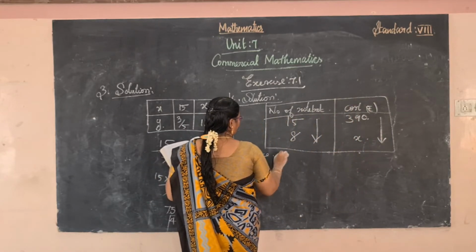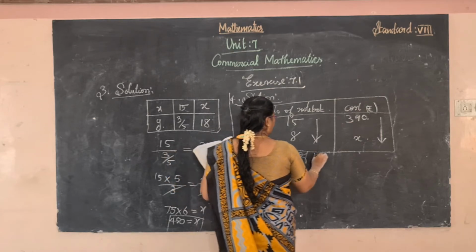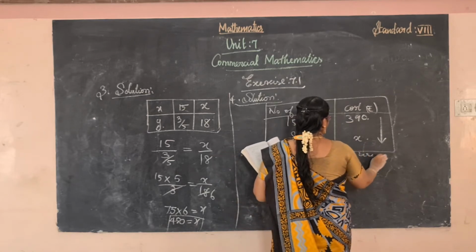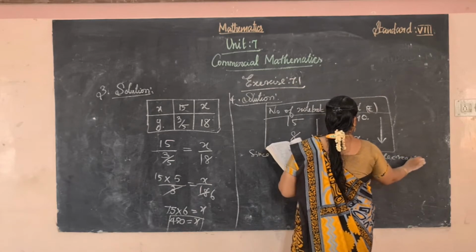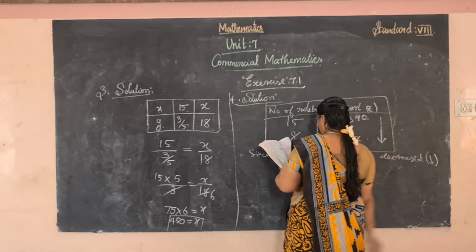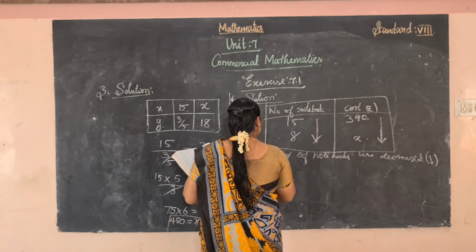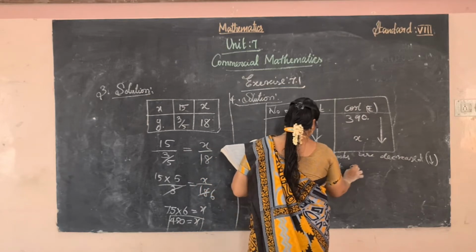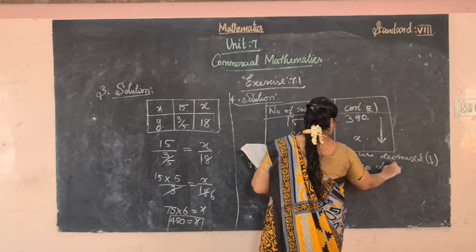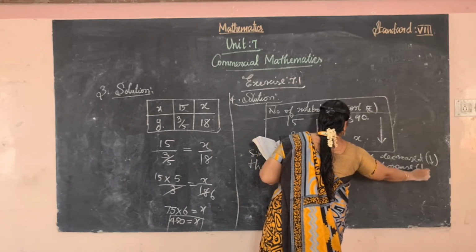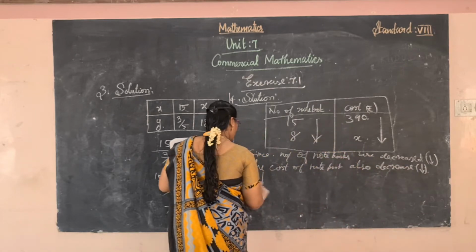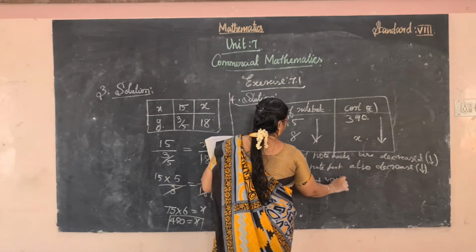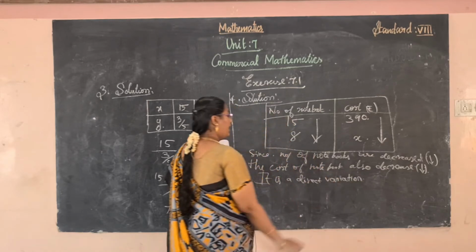Since the number of notebooks decreases, the cost of the notebooks also decreases. It is a direct variation.